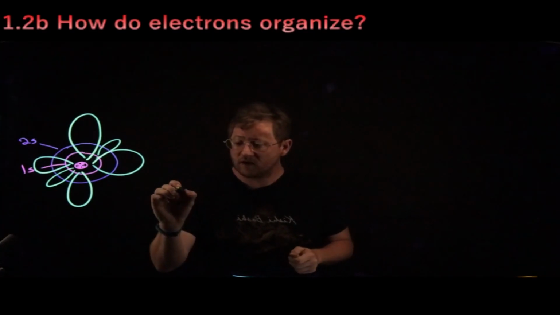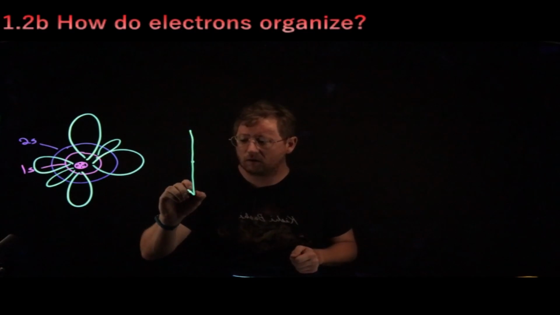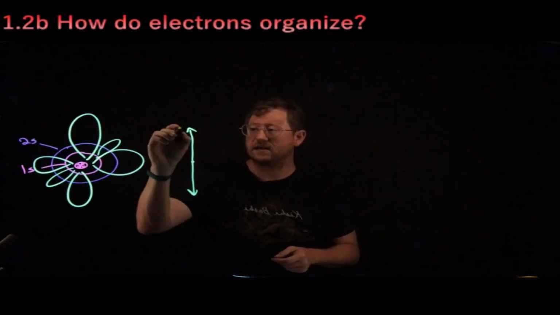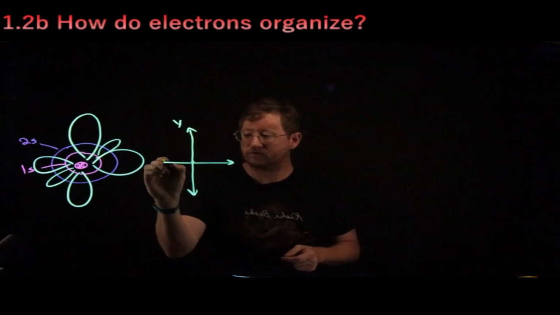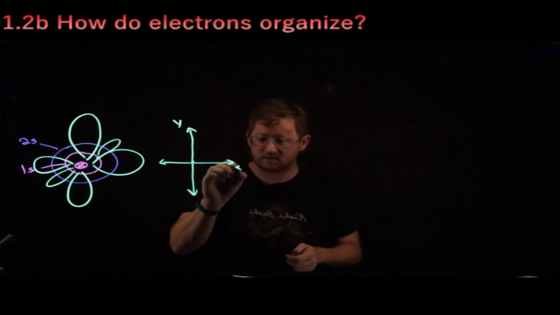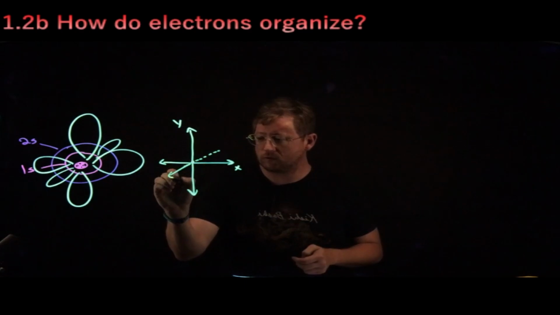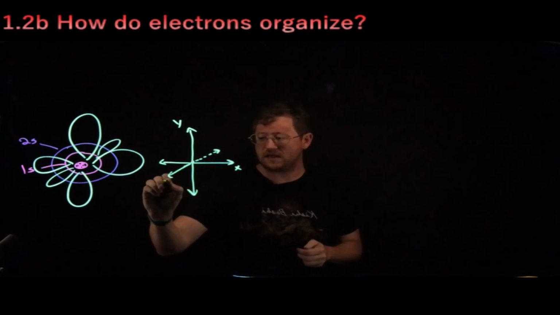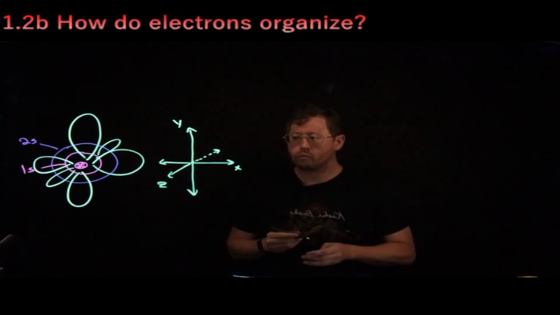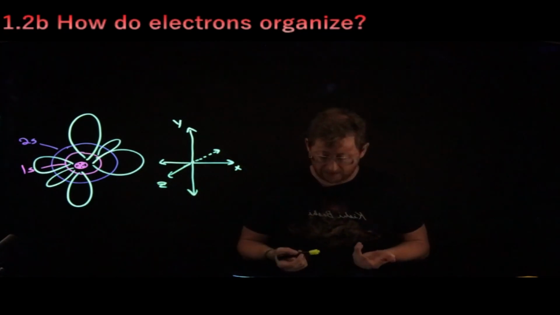So we can think of, if we have the center of the atom, let's define this as a y-axis. We'll define this as the x-axis. And then through this orbital, we have a z-axis. And so that's where our p orbitals lie.